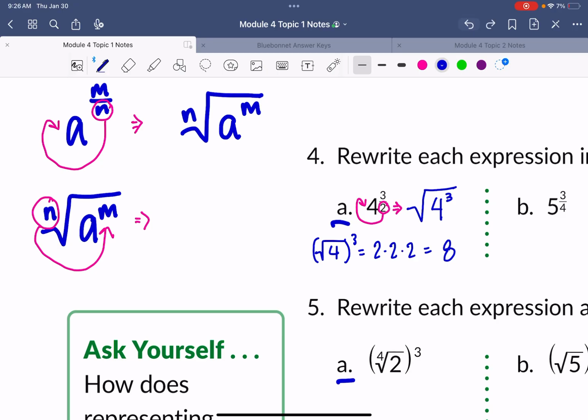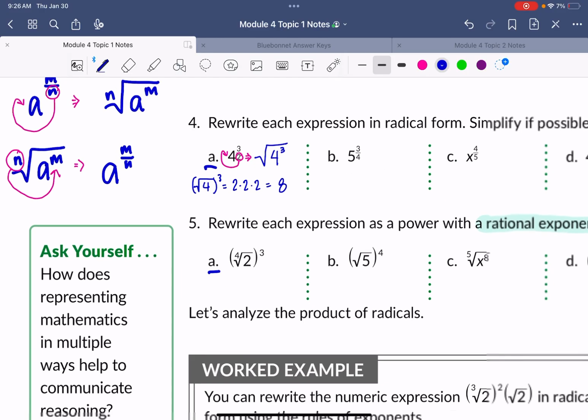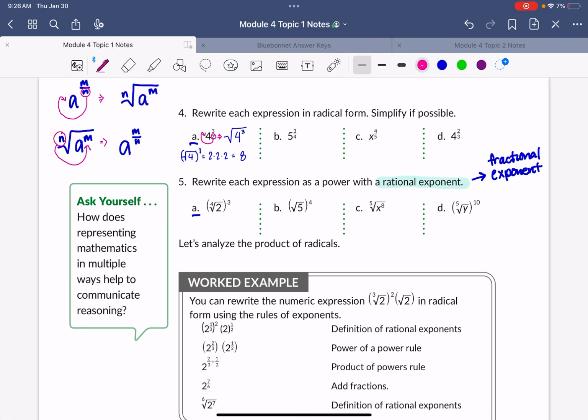So this is going to be a to the m over n. Okay, so let's go ahead and do that. You're taking your index and writing it as your denominator. So this is going to be 2 to the 3/4 power.